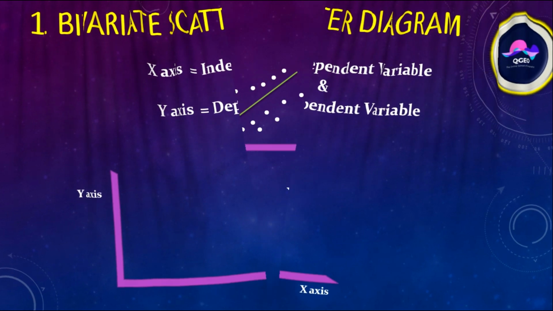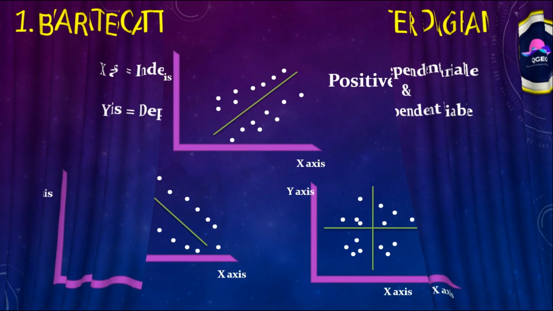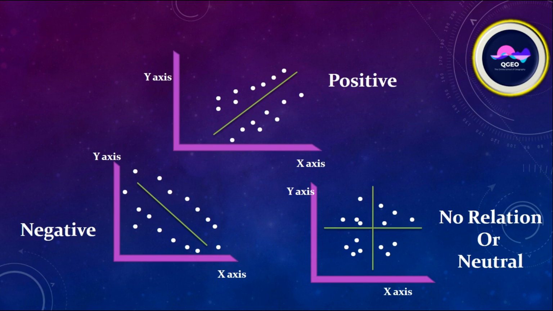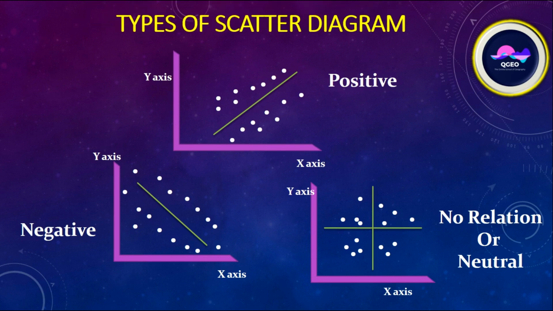Now there are three types of relation. One is the positive, when the value of y-axis increases with the increasing value of x-axis, then the relation will be positive.